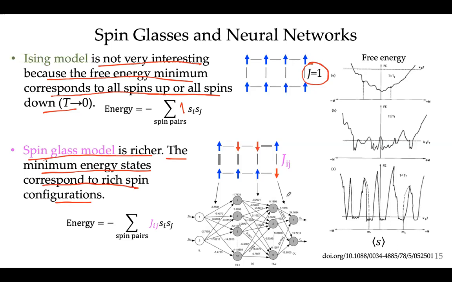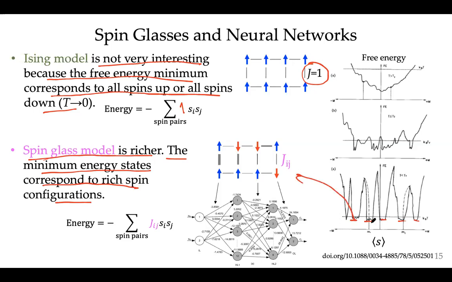And if you ask me, what is the free energy versus magnetization plot for spin glass models? So this graph is for spin glasses. Remember, for the Ising model, there were just 2 minima, 1 here and 1 here. But in spin glass models, there are actually multiple minima. And each of these corresponds to different spin configurations. For example, this may be like this.